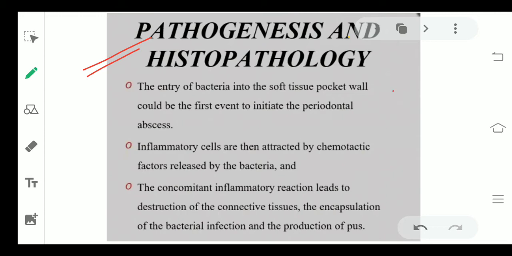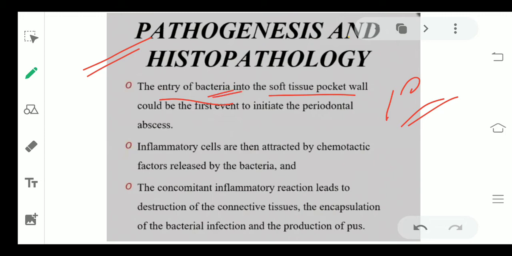Now coming to the pathogenesis and the histopathology, how is the whole process taking place? The very first initiation of the process takes place with the entry of bacteria into the soft tissue pocket wall. That is the first step when the whole process of periodontal abscess formation takes place. The bacteria have entered inside the pocket wall.